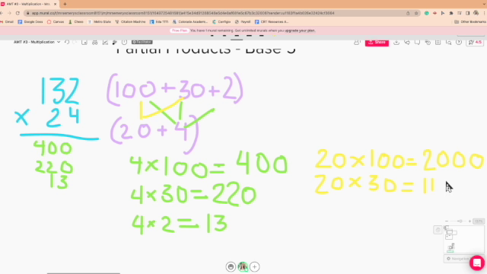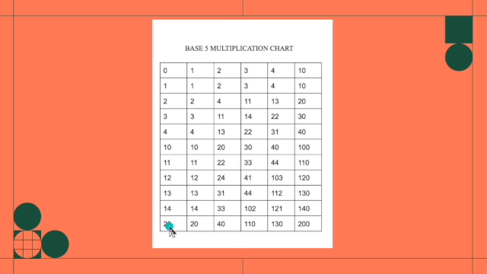So in order to make sure it is in the right place, we want to tack those zeros onto the end of it so that it takes care of those digits. All right, then we do 20 times 2. And referring back to our chart, 20 times 2 is going to be 40.